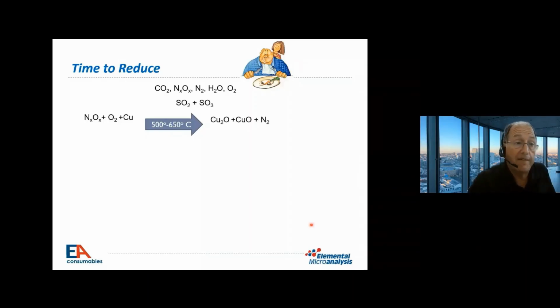Now we'll still have some SO2 and SO3 to deal with. And over copper, this will also be absorbed as a copper sulfide, but this would not happen at 850 degrees Celsius, which is important because if we were doing sulfur analysis, we would increase the temperature, which would do the reduction of SO3 to SO2, but also release it for the detector where we could separate it later.